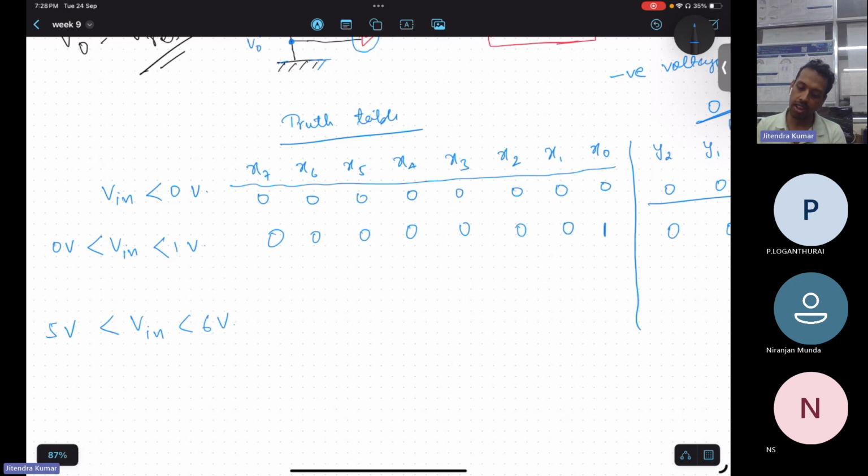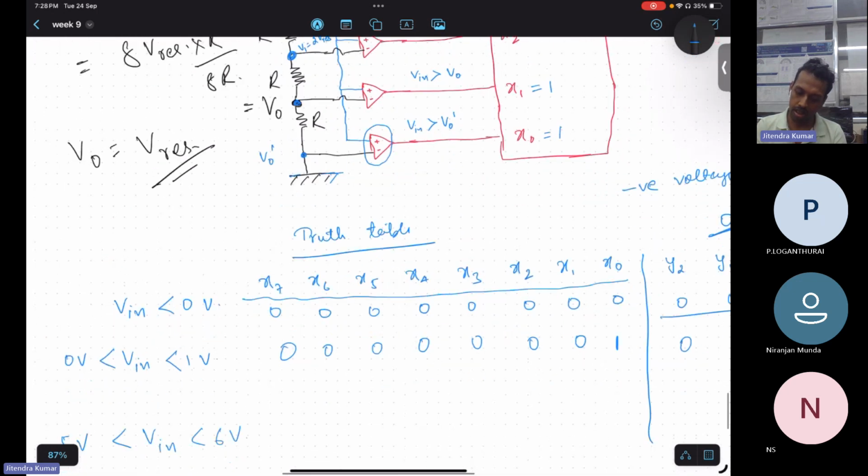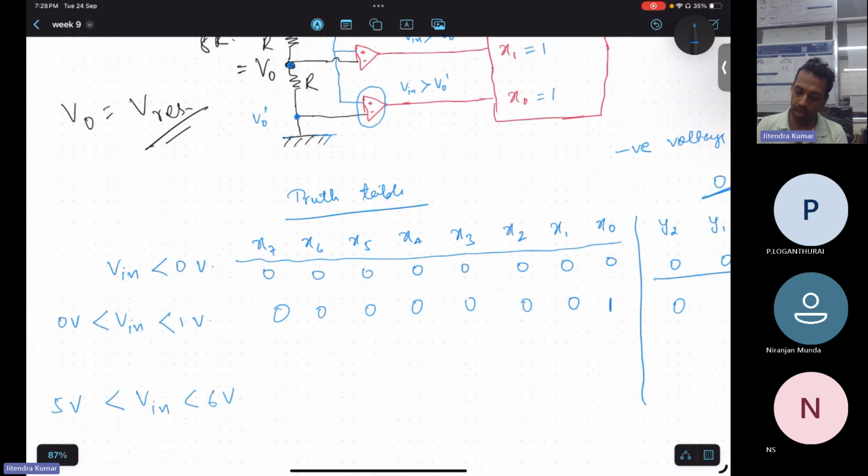If Vin is higher than 5 volt, which means the sixth comparator will be on, till the sixth comparator, like 1, 2, 3, 4, 5, 6.